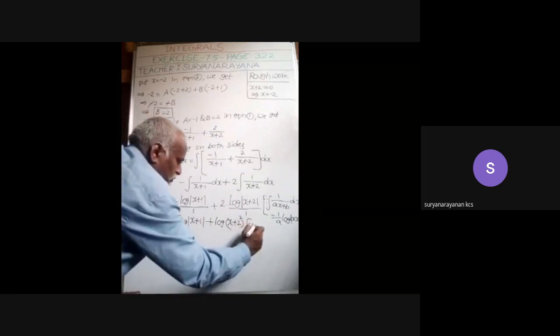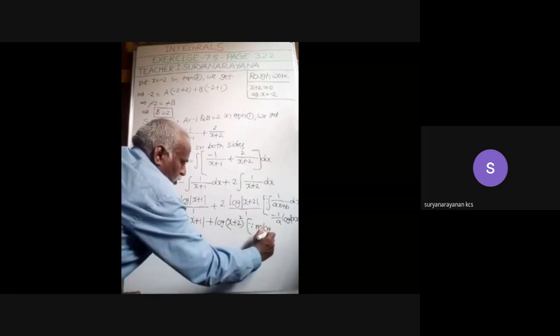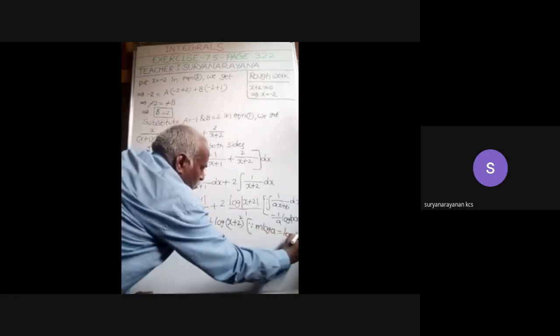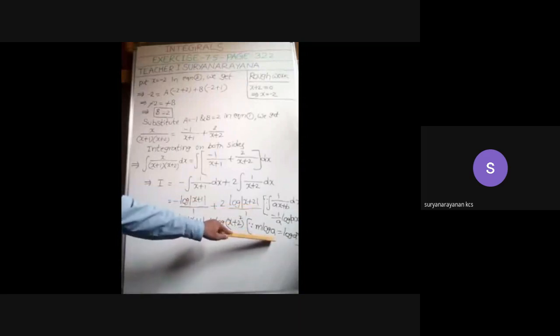Because m log a is equal to log a power of m, where m is equal to 2, a is equal to x plus 2. By using this logarithmic property, we wrote the second term as log of x plus 2 whole square. Understood this step, my children?